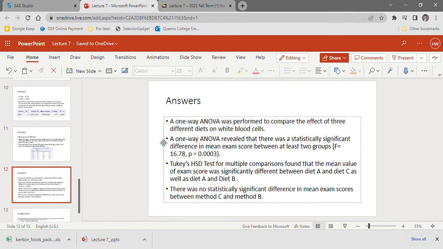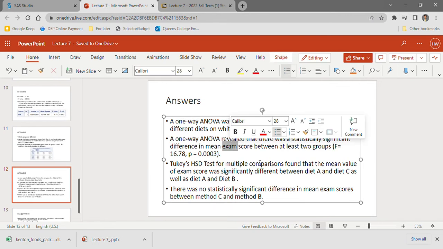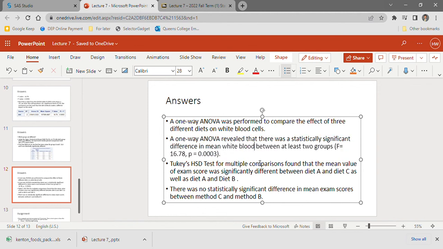A one-way ANOVA revealed that there was a statistically significant difference in mean white blood cells between at least 2 groups, F equals 16.78 and the p-value at 0.0003. Notice I just made some edits here, some quick typing. There are some typos, so fix your slides for your records, right?